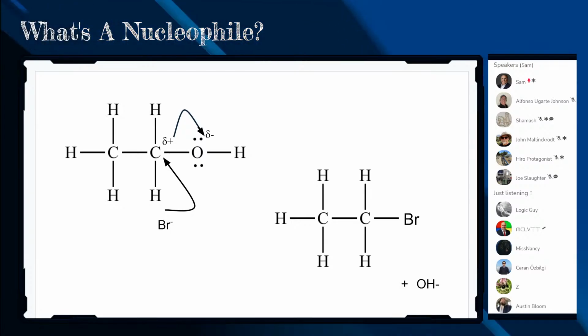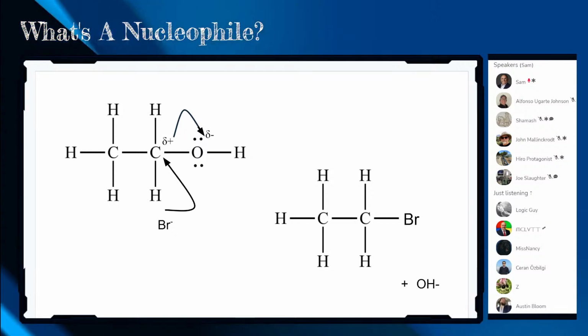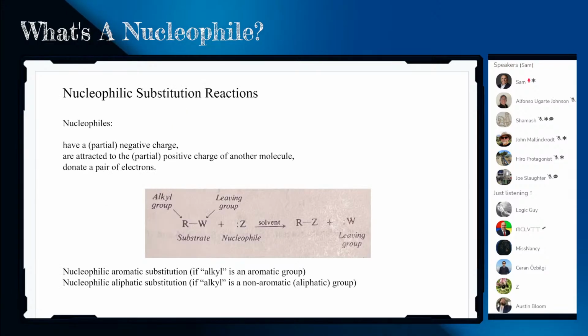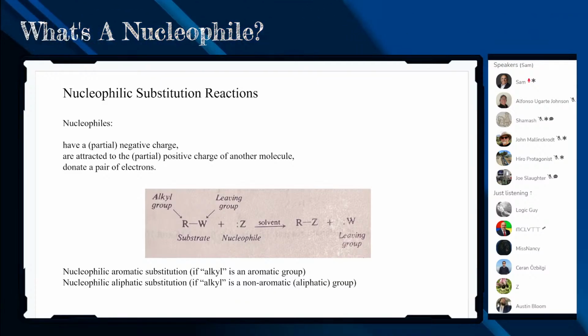Fluoride is not as good, but chlorine, bromine, iodine, those alkyl halides are starting materials for most industrial processes. Because if we look at slide 10, we saw this last week.